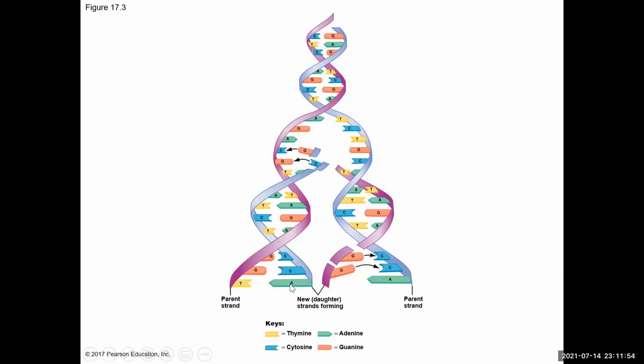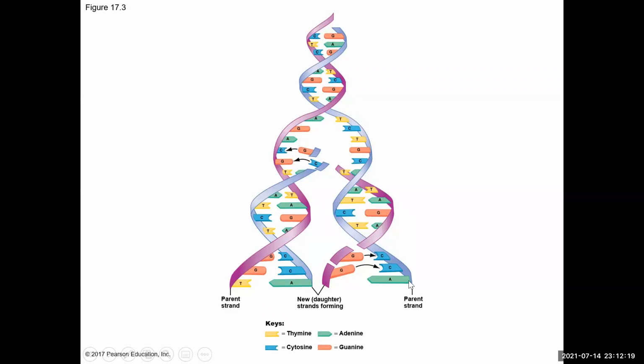Right? So this first parent strand has a T, so the new daughter strand will have an A because A always pairs with T. The second one is a G, so it's paired with a C. The third is a G, so it gets a C. The fourth is an A, so the new strand gets a T, and so on and so forth, right?